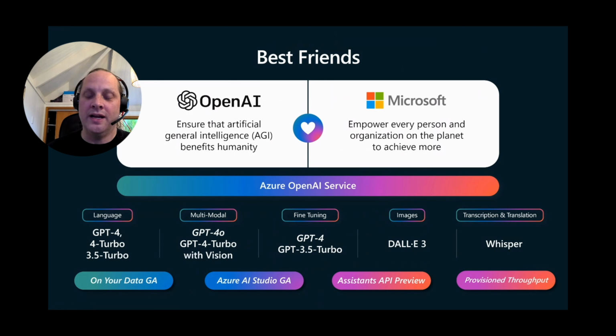We also, in Azure OpenAI service, allow you to fine tune some of the models, not all models, but some of the models, with your own data. Now, fine tuning is a process where you take a set of question and answer pairs, literally a CSV file that says, if I ask this question, this is how I want you to answer. That allows you to tweak or fine tune the model to behave in a certain way.